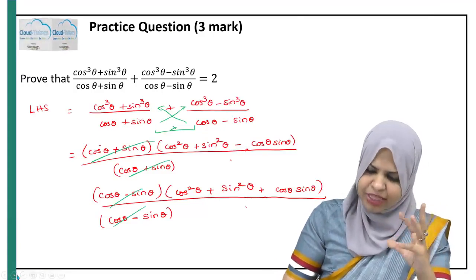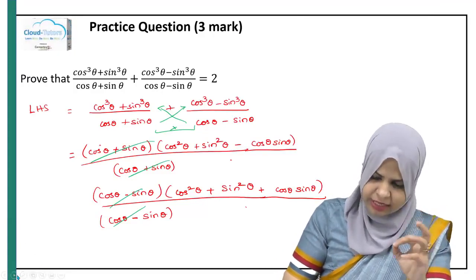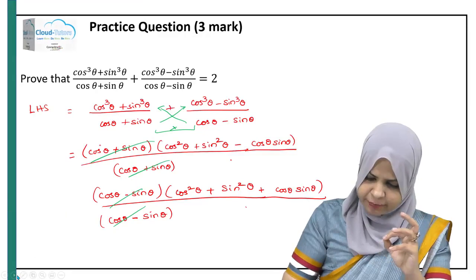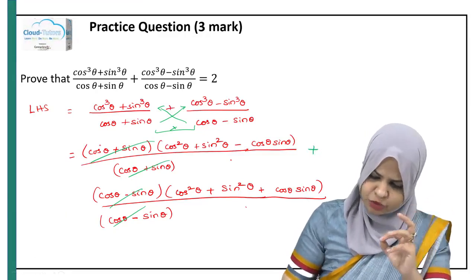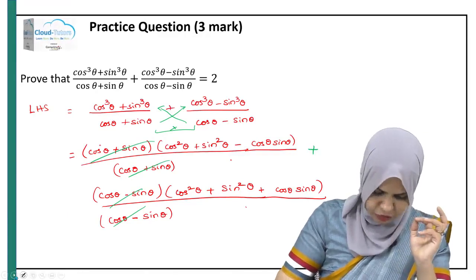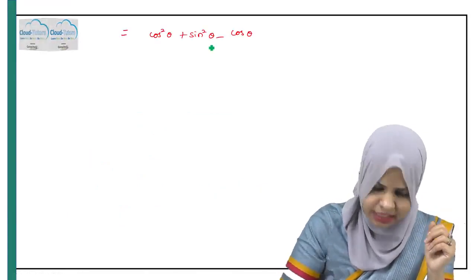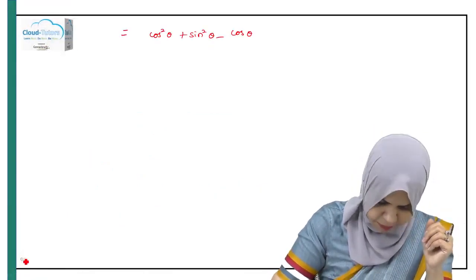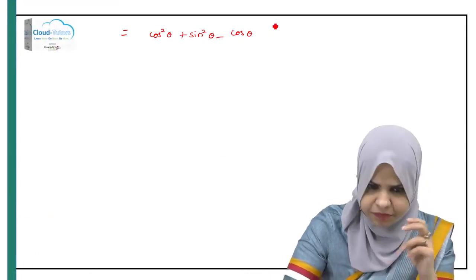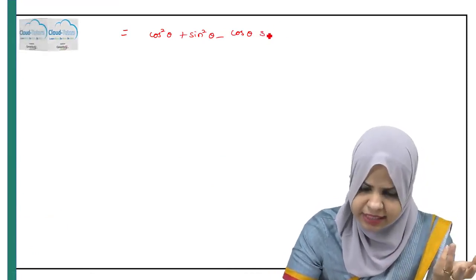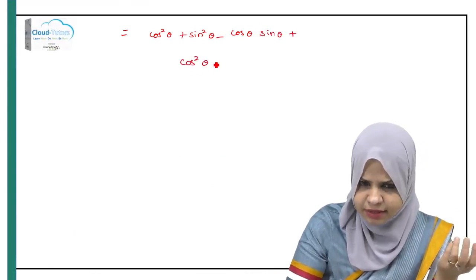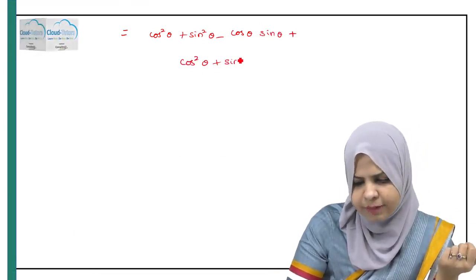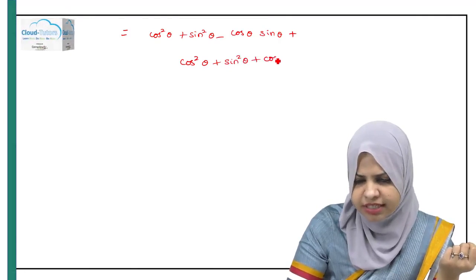So I'm just left with cos square theta plus sin square theta minus cos theta sin theta, plus cos square theta plus sin square theta plus cos theta sin theta. So I'm rewriting that: cos square theta plus sin square theta minus cos theta sin theta plus cos square theta plus sin square theta plus cos theta sin theta.